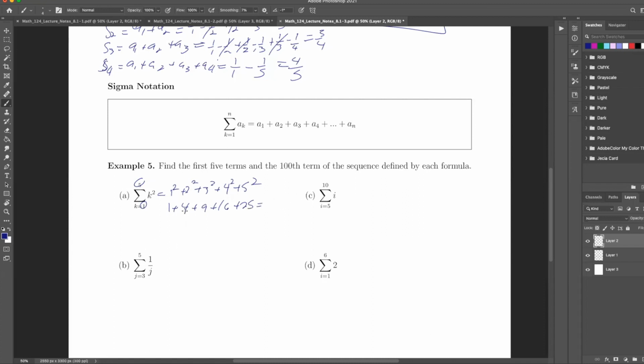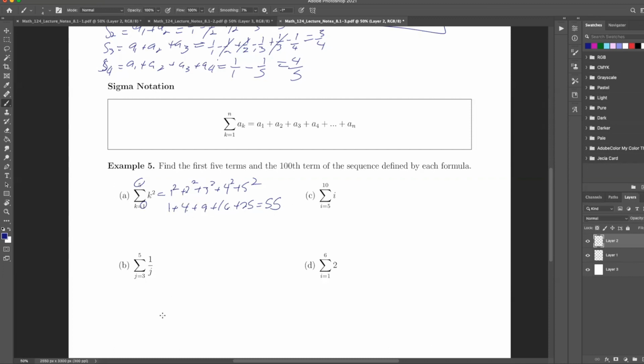So this ends up being 55. How I did that in my head is this is 10, this is 20, so that's 30, 30 plus 25 is 55.